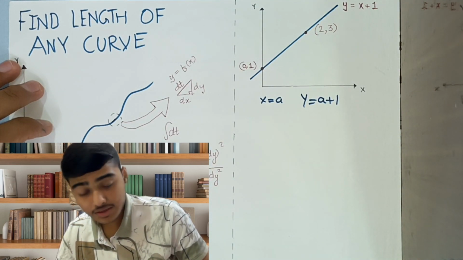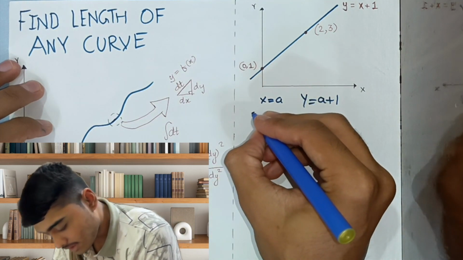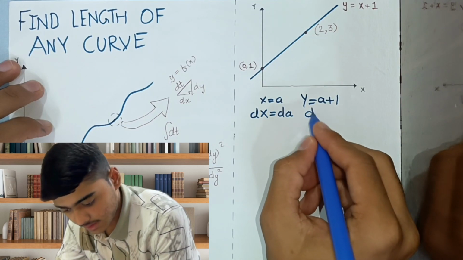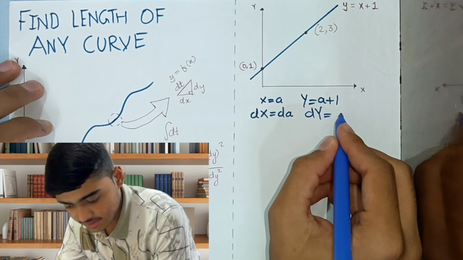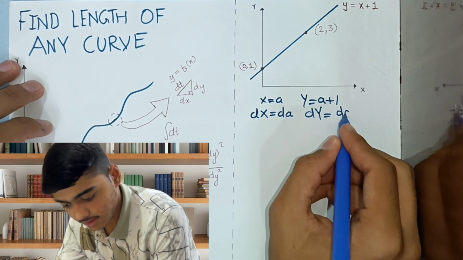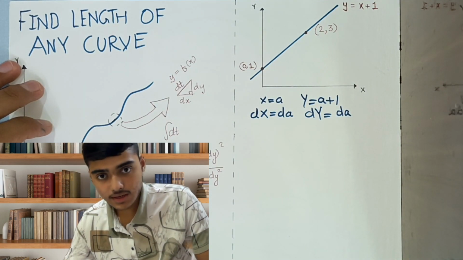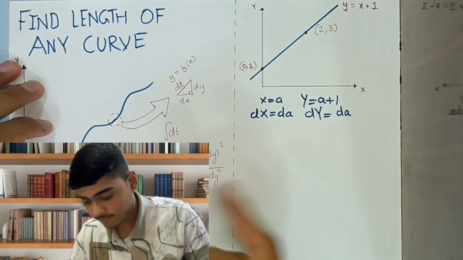Now I will differentiate both sides. So what will I get? dx is da and dy is again da. So simply integrating it will give us what?